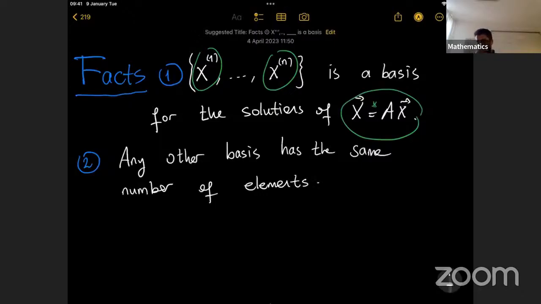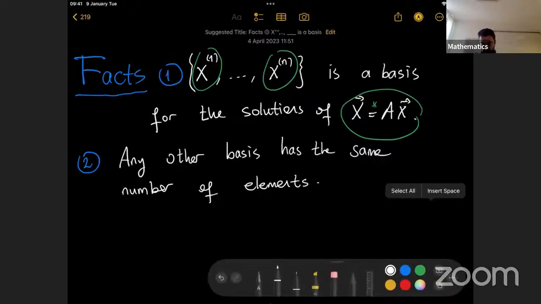Okay. So if you take any other basis, there might be different bases, okay, for the same system, but the number of vectors will be the same. If you have 3 vectors in the basis, in a different basis, you will have again 3 vectors, okay, 3 vector functions.